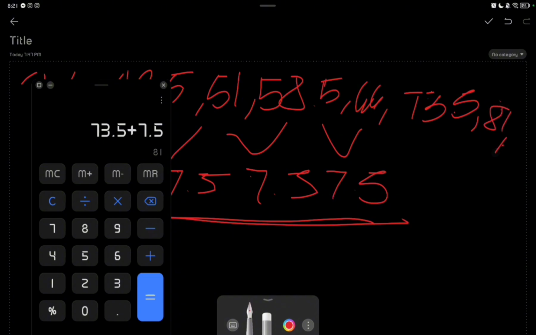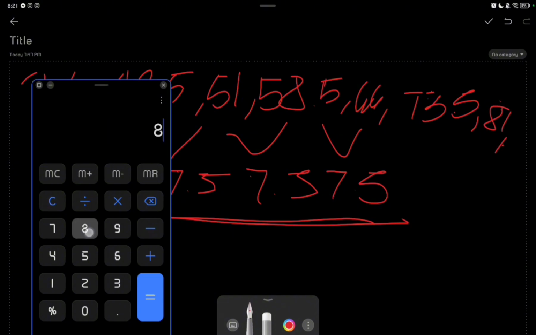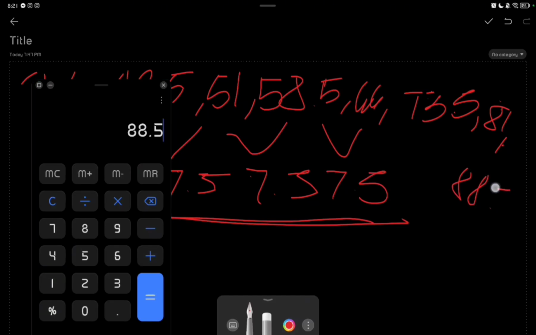And then for the last is 81 plus 7.5, it is 88.5. So the next 3 terms here are 73.5, 81, and 88.5. That's it for number 6.